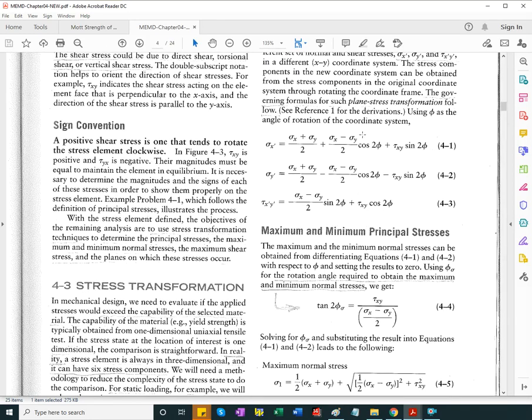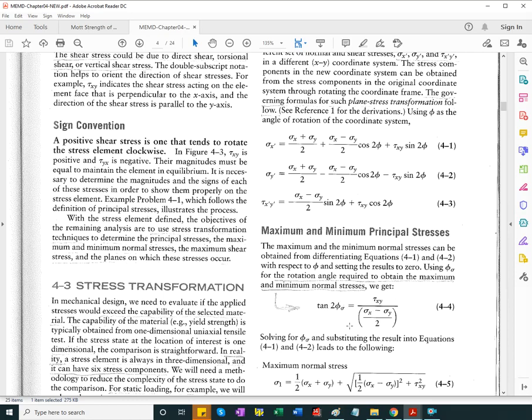You can study when these stresses experience minimum and maximum values. So you take the derivative with respect to phi, and you set the derivative equal to 0, and it gets us the equation for the maximum.